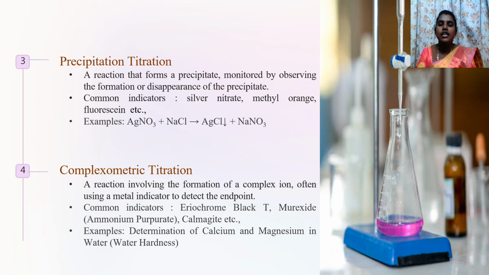Common indicators used for this type of titration are Eriochrome Black T, that is nothing but EBT, and murexide, and calmagite, etc. An example for this type of titration is the determination of calcium and magnesium in water, that is, how much calcium and magnesium ion the water contains. Hardness of the water can be determined.